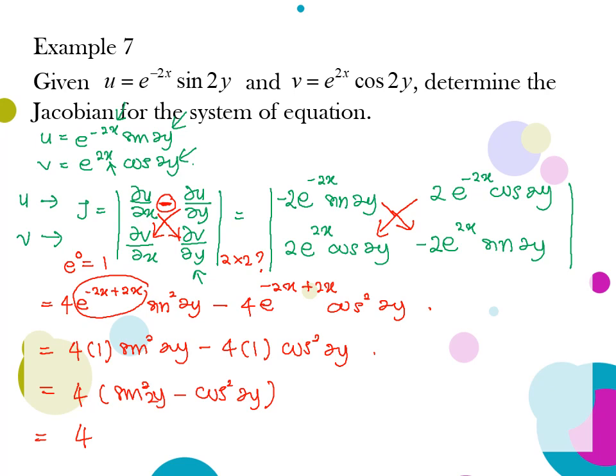The property of this, if I'm not mistaken, is equivalent to cos 4y. Okay, you need to check on that.